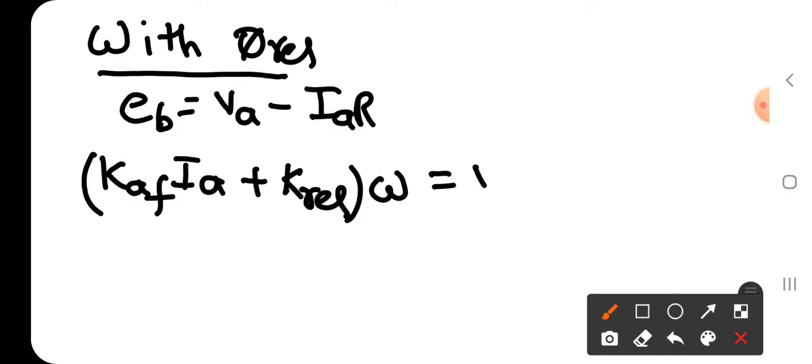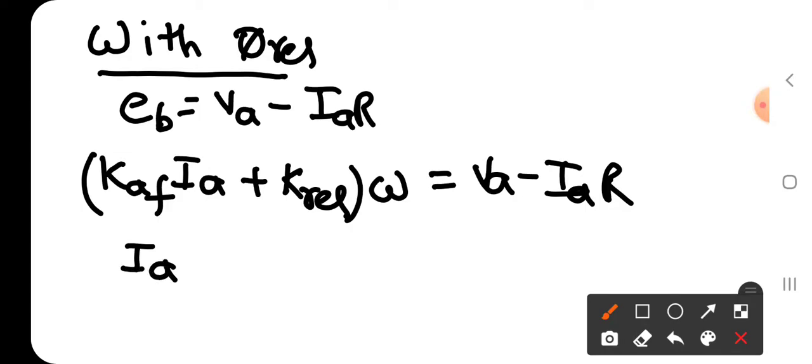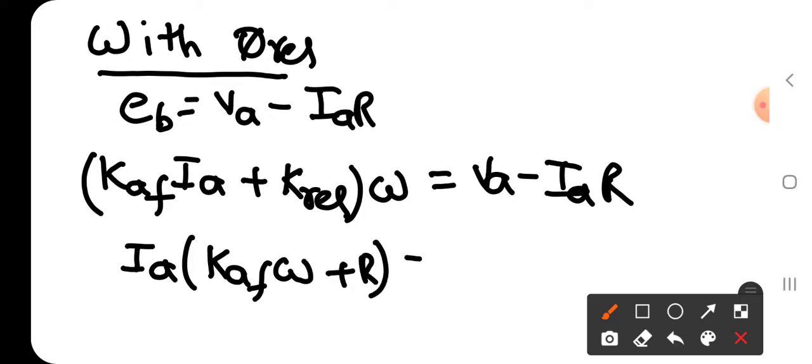This is equal to V_A minus I_A into R. Taking I_A common, I_A times (K_AF omega plus R) is equal to V_A minus K_RES into omega.